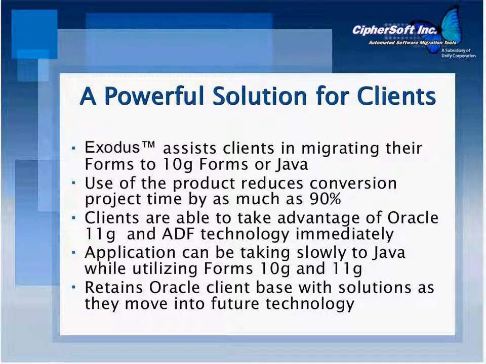We also have a new version that's being released at Oracle World that uses much of the BC4J components. So you have choices when you're going to Java with Exodus of being able to go to straight JSF with ADF, or you can go into the more specific components of BC4J.